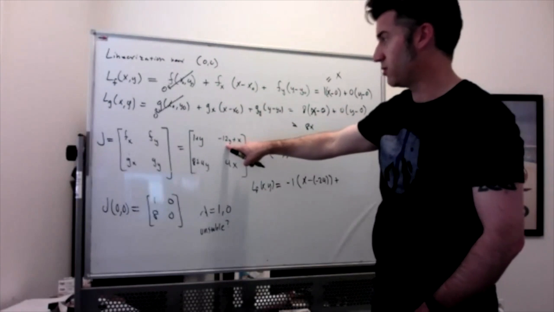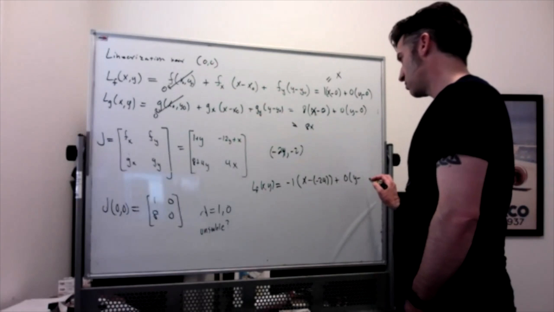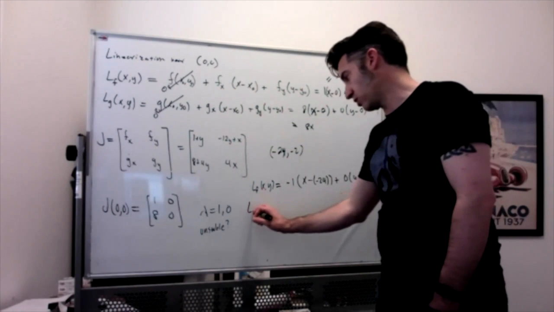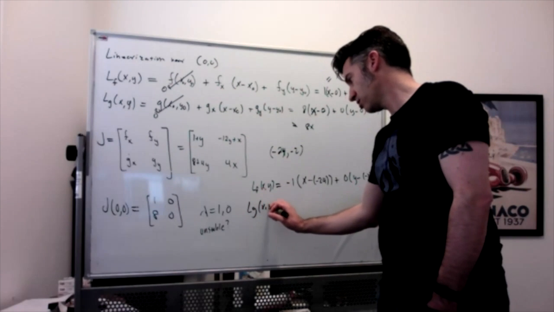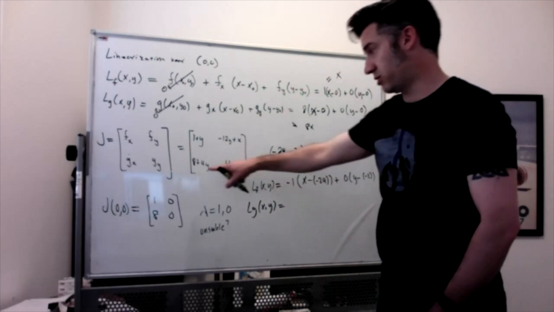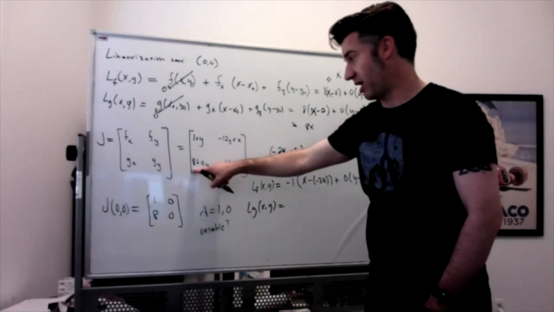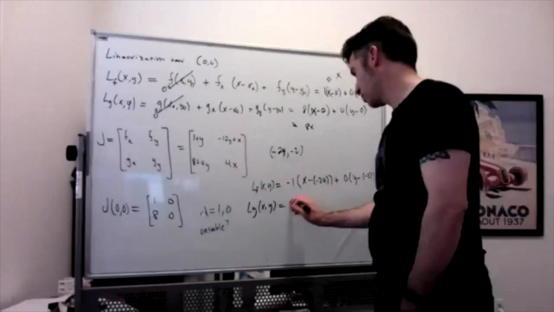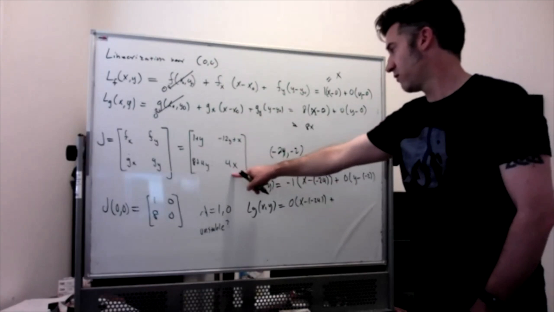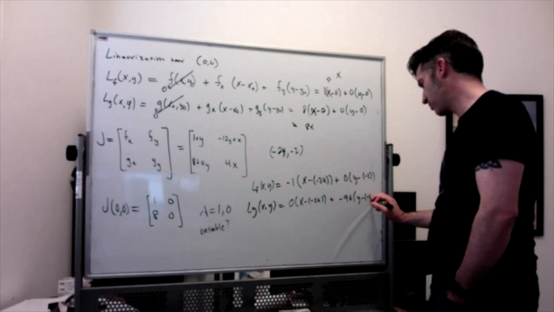So you get 24 minus 24, y minus -2. And then the linearization of the second thing will be the partial of g with respect to x at -2, which gives you 0 times x minus -24, plus 4 times -24 is -96, times y minus -2.